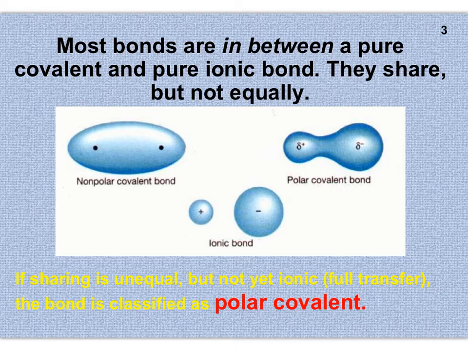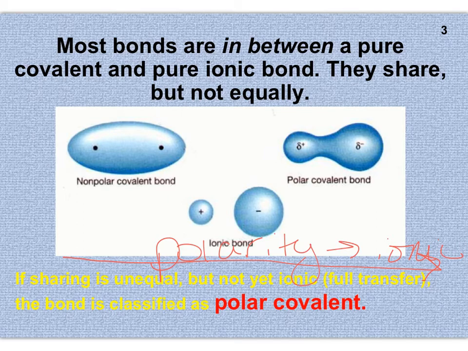So we kind of presented ionic versus covalent as a real neat thing, where it either falls into one box or the other. That's not really the case. Polarity and covalent versus ionic is kind of like a number line, where the polarity increases gradually, and when you reach an ionic bond, that's simply an extremely polar bond.